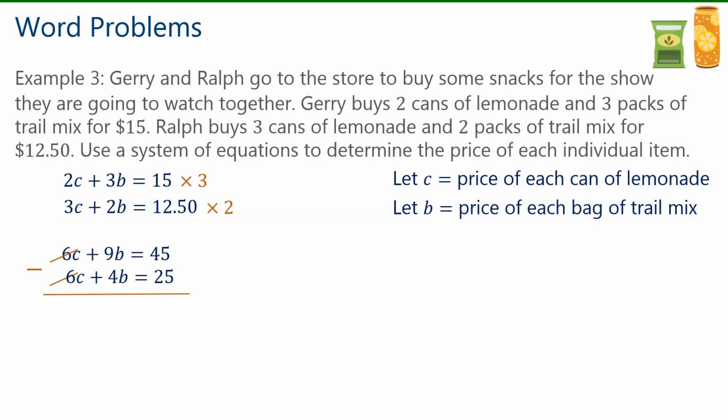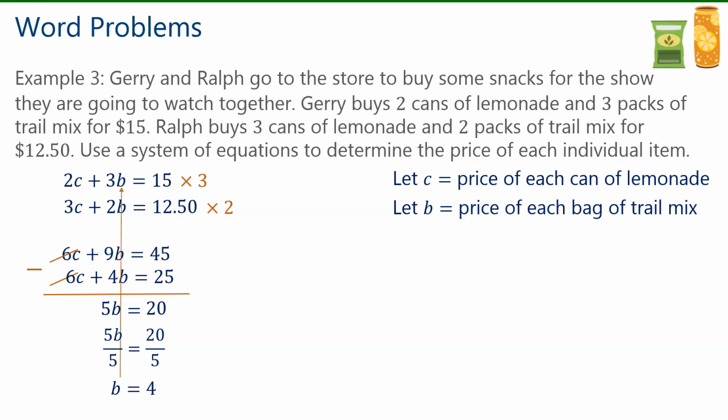So now C is eliminated. Now 9B take away 4B is 5B, and 45 take away 25 is 20. Now let's divide both sides by 5. When we do that, we get a B value of 4.